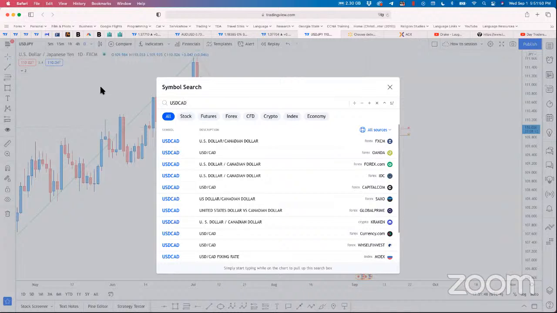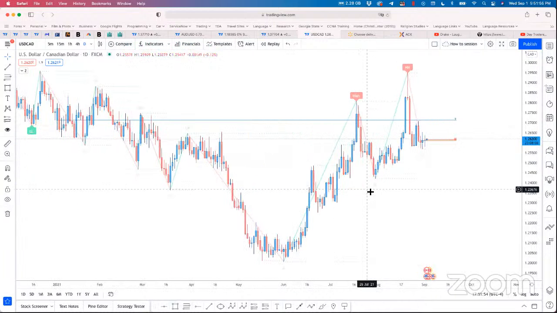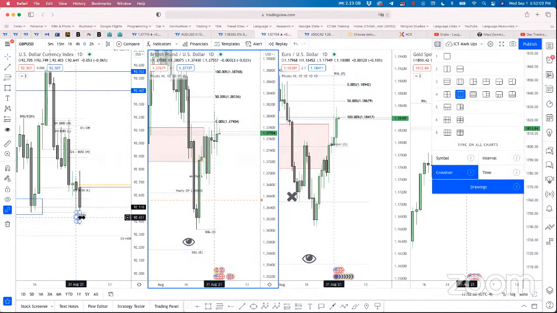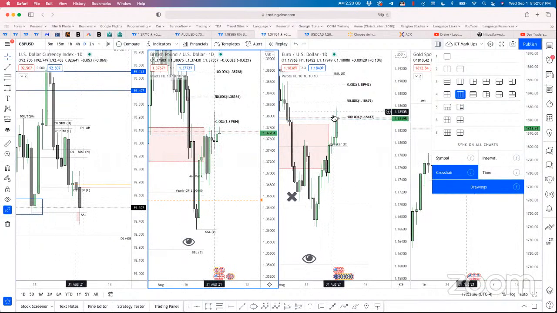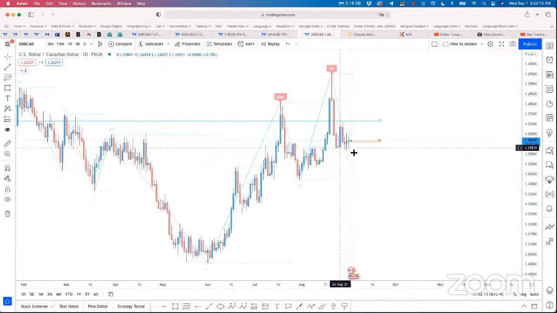Yeah. Right. So dollar makes a low, GU makes a high, EU makes a high, gold makes a high, dollar makes a low, CAD makes a low, right?